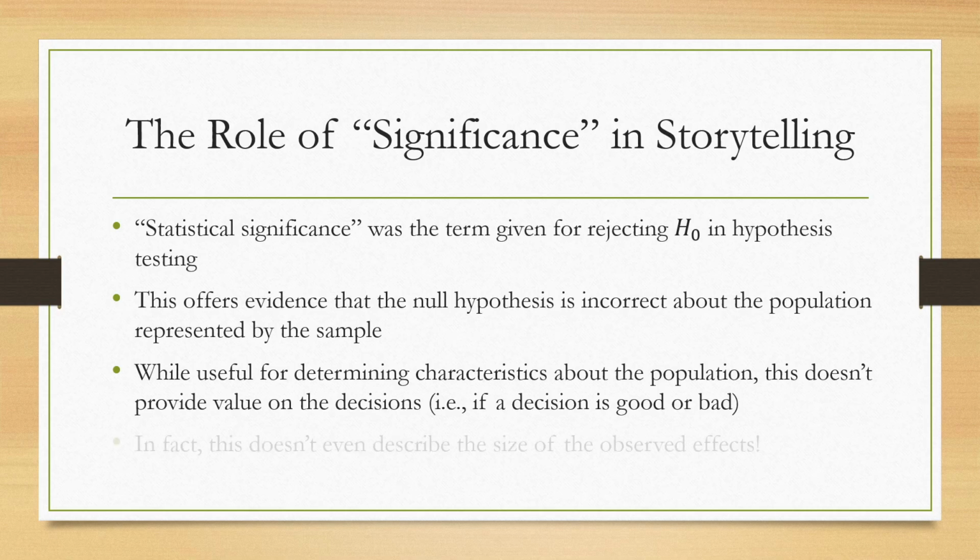It doesn't really even describe how big the effect was. Now, some people think, hey, this p-value or this test statistic is even further out, that means it must have an even bigger effect. That's actually not true. The test statistic can be very, very, very far out, and the effect can be very small.